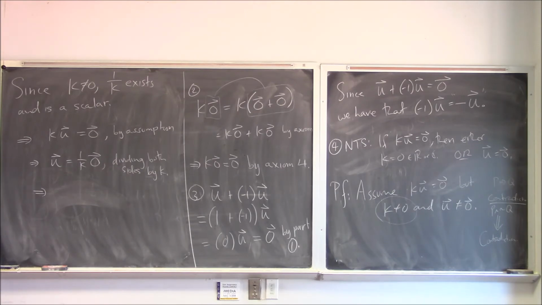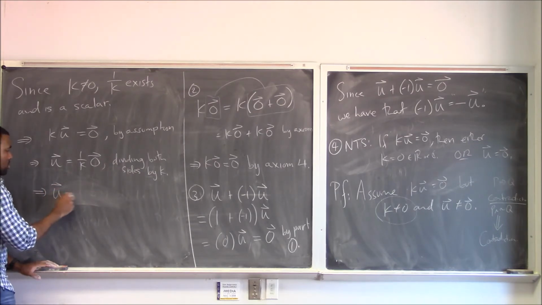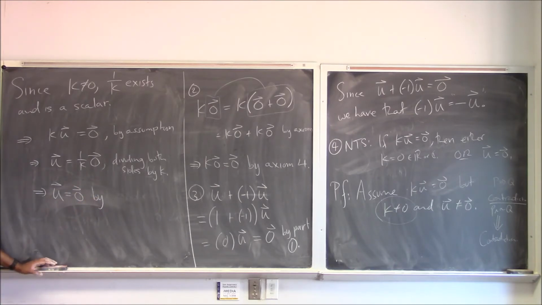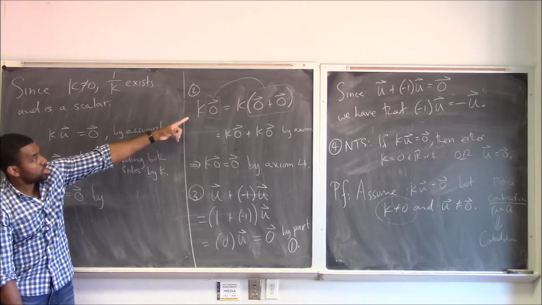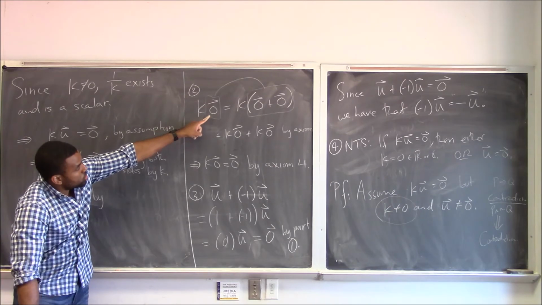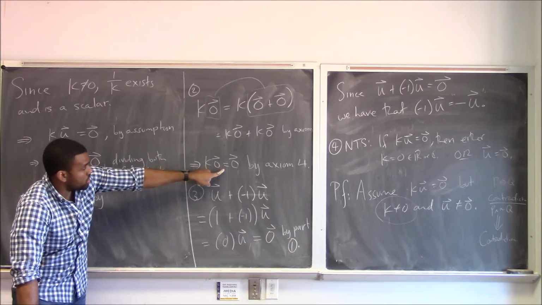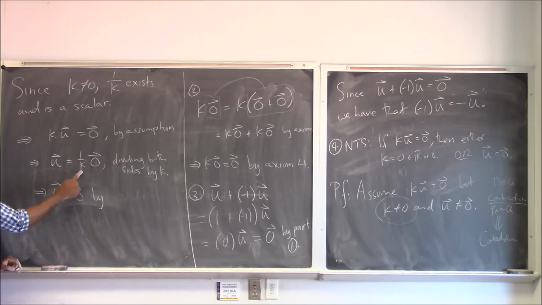Why does that mean u is 0? Because of what we proved earlier, any constant k times the zero vector is equal to the zero vector. Right, that was property 2? Yes. If I have any scalar times a 0 vector, then that thing must be 0. So here, I have a scalar times 0 vector, which means this thing must be 0. But that thing is equal to u.